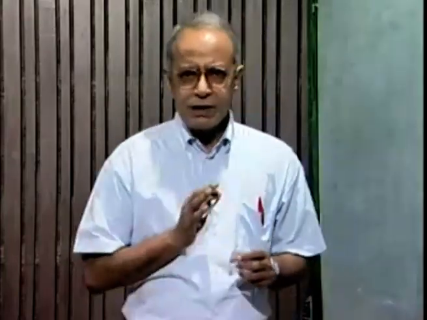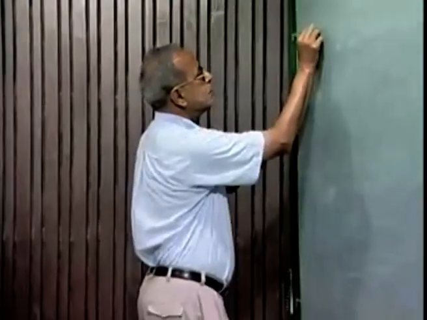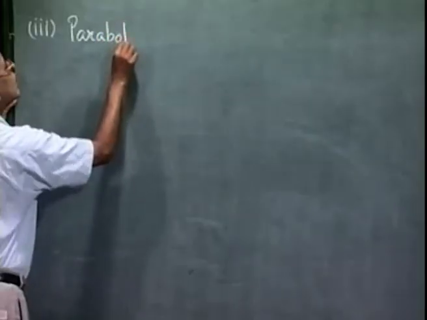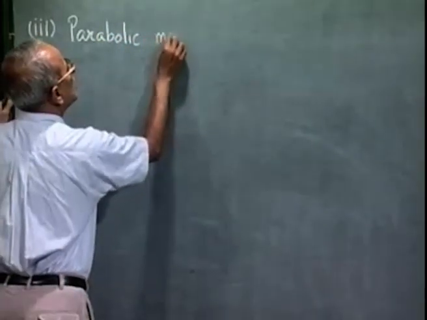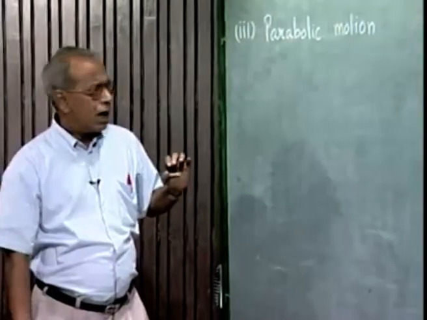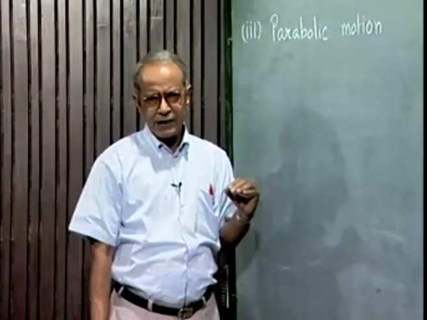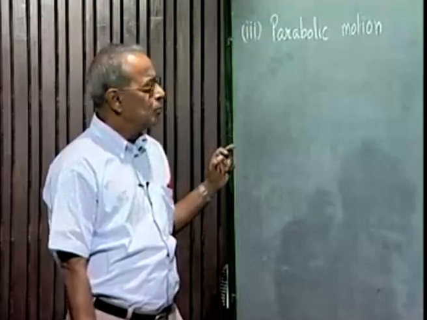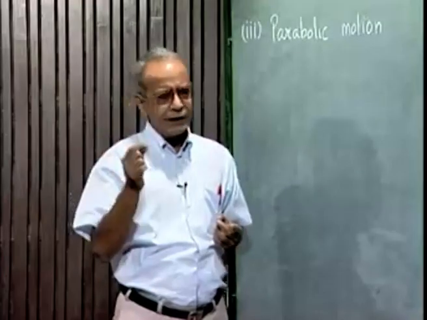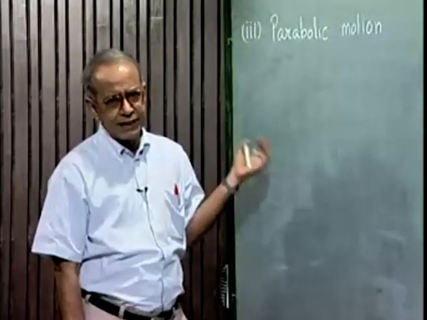The third type of basic follower motion that we will discuss is known as uniform accelerated motion or parabolic motion. In this parabolic motion, for the half of the lift from the beginning of the rise up to the half of the lift, the follower moves with constant acceleration, and then for the rest half to reach the end of the rise, it moves with constant deceleration of the same magnitude.